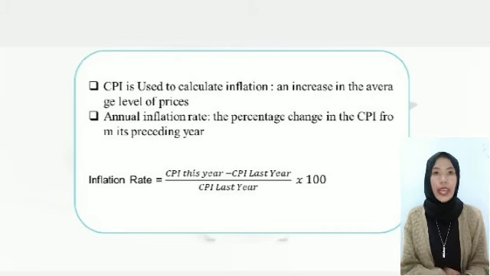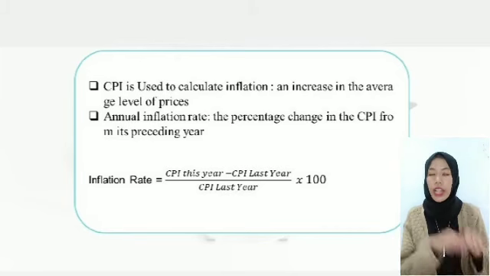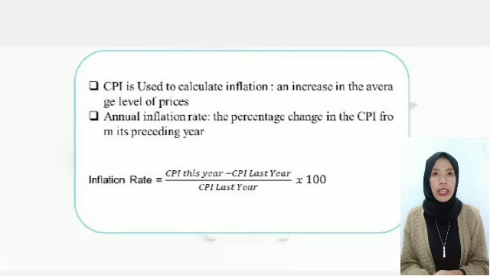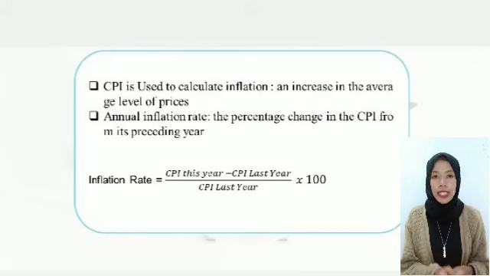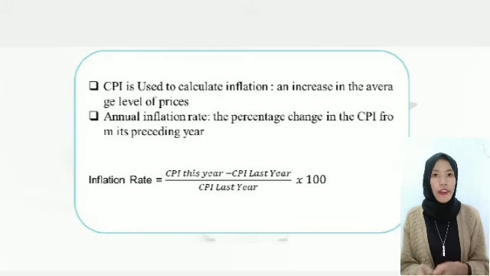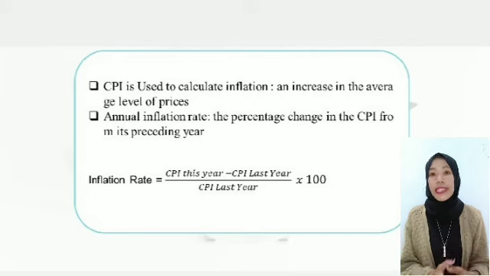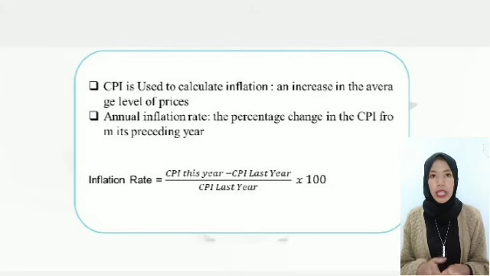CPI is used to calculate inflation in terms of the average level of prices. The annual inflation rate is the percentage change in the CPI from the preceding year. The formula is CPI this year minus CPI last year, divided by CPI last year, times 100.